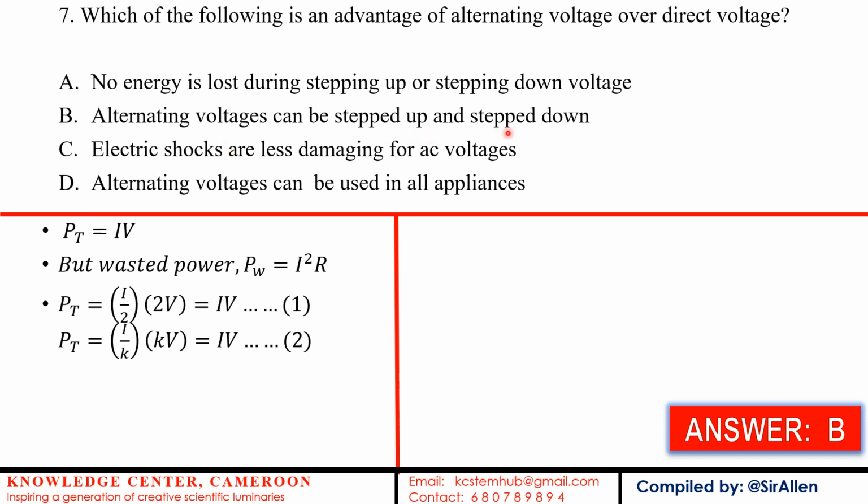Alternating voltage can be stepped up and stepped down, and this is what I'm explaining here. So I can transmit the power at very low currents and very high voltages, so that the wasted power along the lines is very small. Why? Because the current is very low. But when I get to the community, I need a transformer, because the voltage is too high for consumers to use.